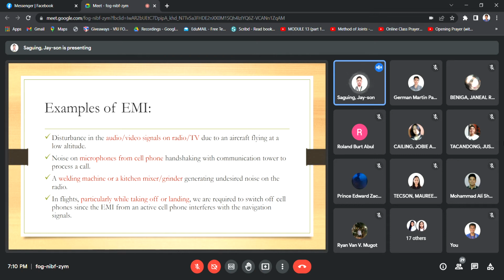Next, a welding machine or a kitchen mixer grinder generating undesired noise on the radio. Last, in flight, particularly while taking off or landing, we are required to switch off cell phones since the EMI from an active cell phone interferes with the navigation signals.